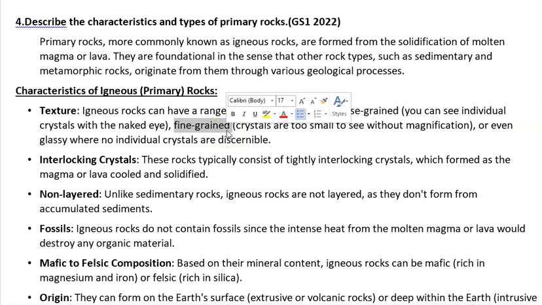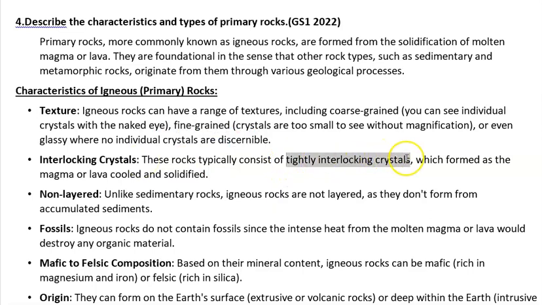So these are the two forms of texture. If it is in a crystallized form, you can see that the crystals will be tightly interlocking, just like in house construction we align bricks in an interlocking form. These crystals are formed during the solidification or cooling of lava or magma. So that is one thing.